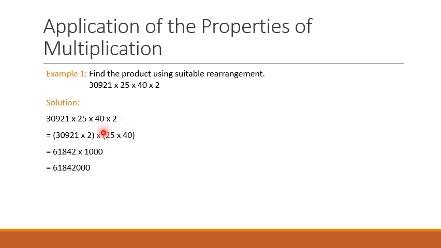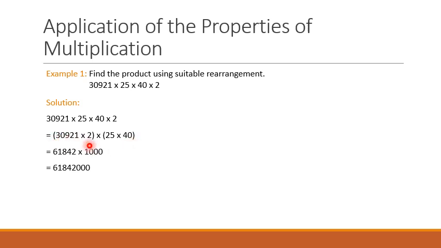Now here what I am going to do is write the numbers in a different order. So I am grouping 30,921 and 2. First find the product of 30,921 and 2, and group 25 and 40. So 25 multiplied by 40.